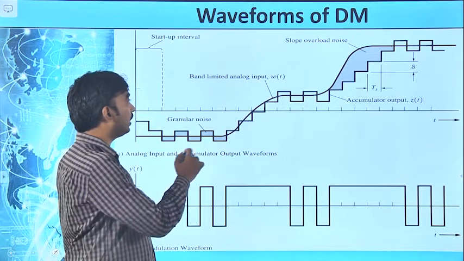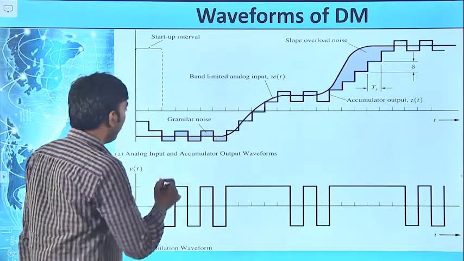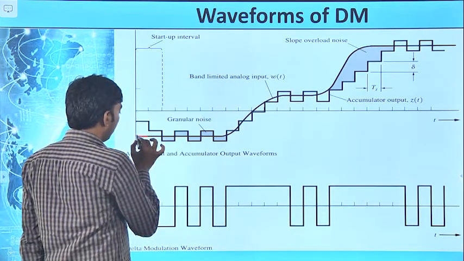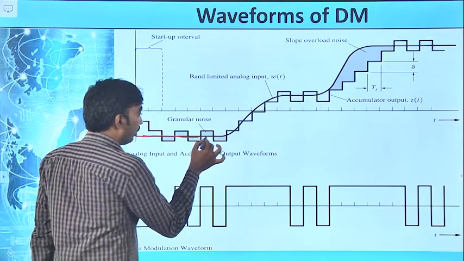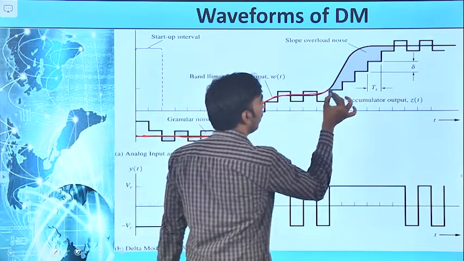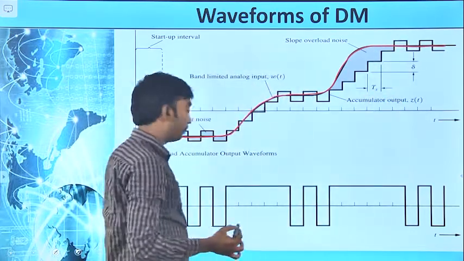So these are the delta modulation waveforms. Now this is showing the message signal.